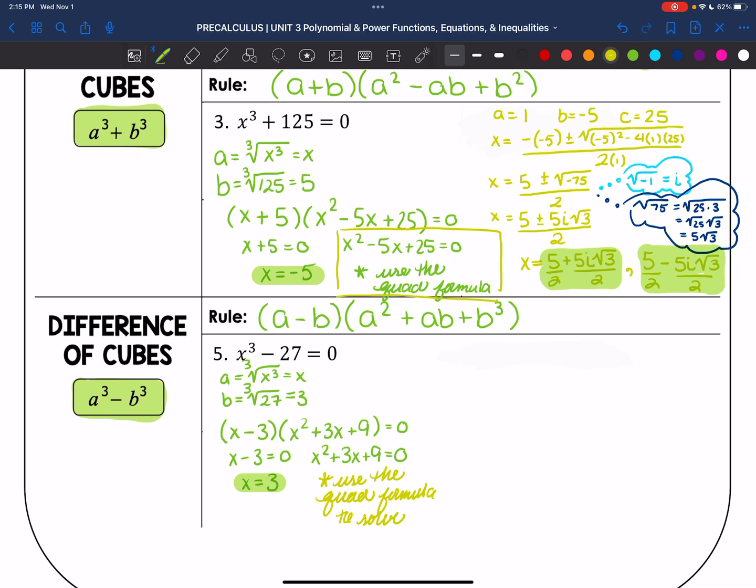So again, we want to identify what is the A value. What is that going to be? It's going to be 1. Our B value is 3. And our C value is 9. So into the formula we plug opposite of B plus or minus the square root of B squared minus 4 times A times C, all over 2 times our A value.